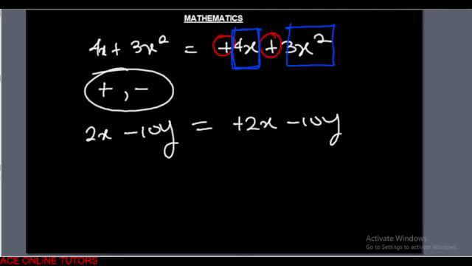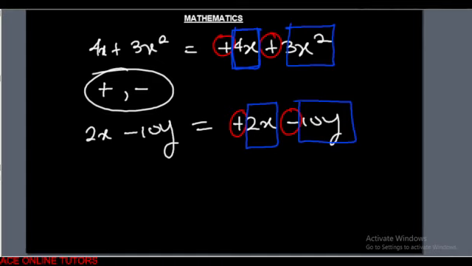If you count the number of signs, you will see that there are also 2. We have plus, we have minus. So we also have 2 terms. Now where are the terms? This is a term. This is also another term. So that's how we are going to be able to identify the number of terms that we have.